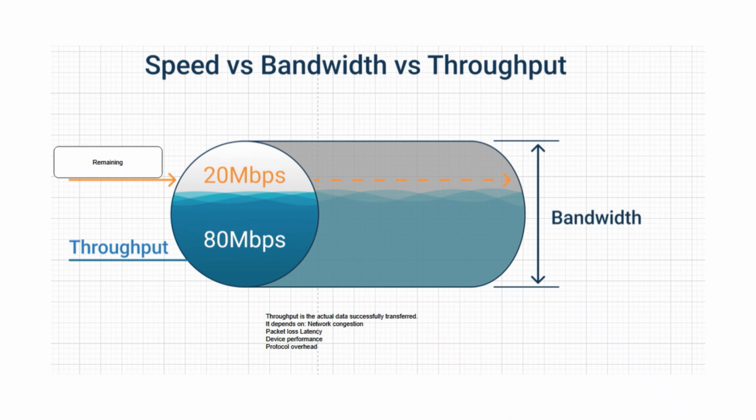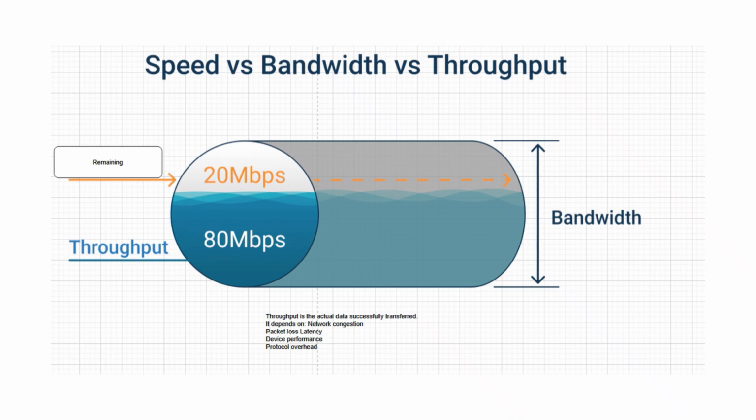What is protocol overhead? You are running protocols like routing protocols, let's say OSPF or BGP, or HSRP for gateway-level redundancy, and all these protocols also consume some resources just to work. So all these factors will affect throughput and speed.